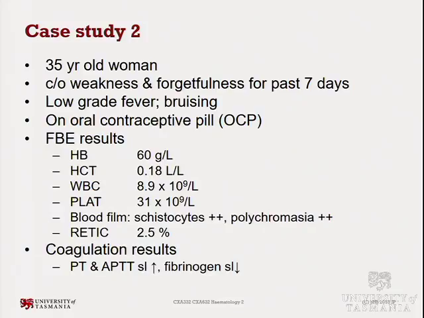So again, we're going to look at it through the eyes of a case study. This time we've got a 35-year-old woman. Now, if this lady was, say, 65 or 75 years old, complaining of weakness and forgetfulness, what other condition might you consider?